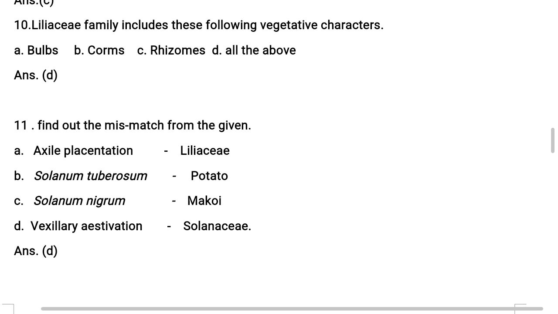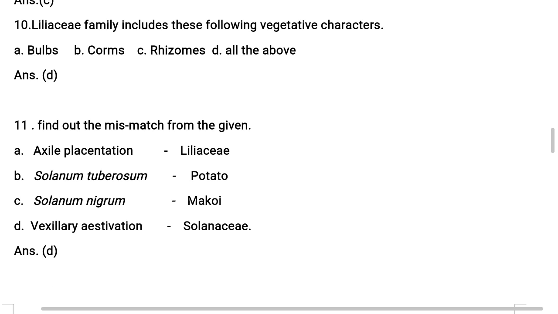Next, corms. Scientific name Colocasia. This is also one of the food resources used as a leafy vegetable like onions. Option C, rhizomes. Example, ginger and turmeric. So these are also food resources. So the correct option D, all the above.